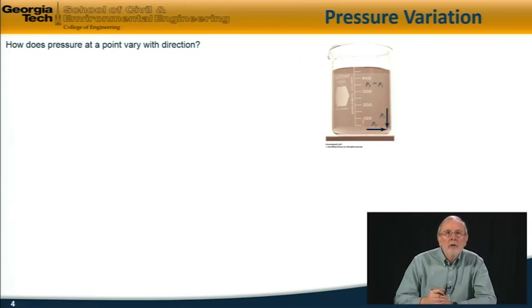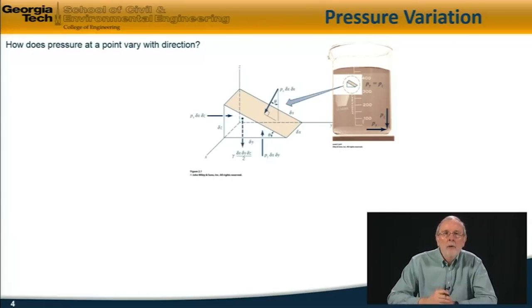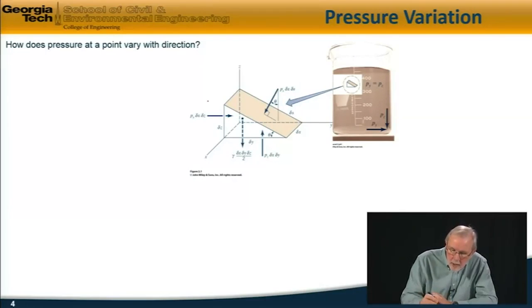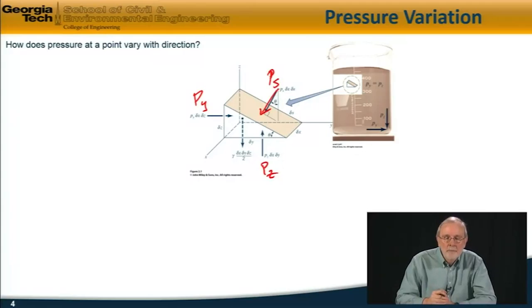The first question: how does pressure vary at a point with direction? To address this, I'm going to take an element of fluid, which I'll take to be a wedge shape, and here is a blow-up of that wedge-shaped element. I'm going to balance the forces acting on it. The forces acting are Py in the y direction, Pz in the vertical or z direction, and the pressure on the sloping plane, which I will denote by Ps.